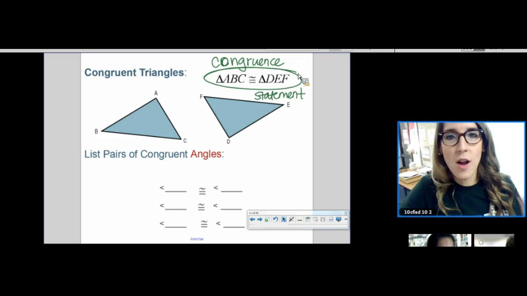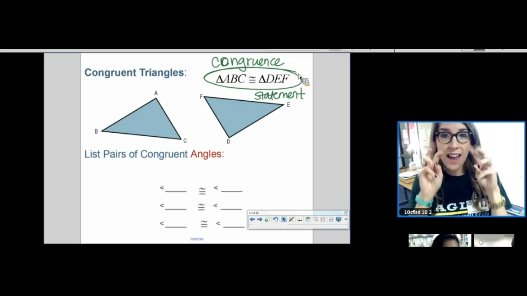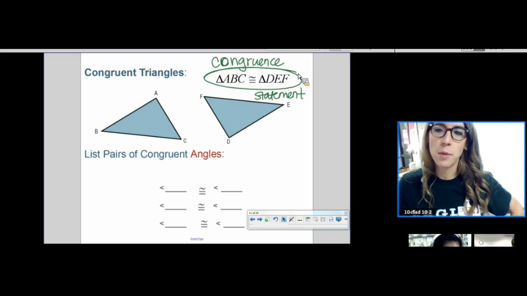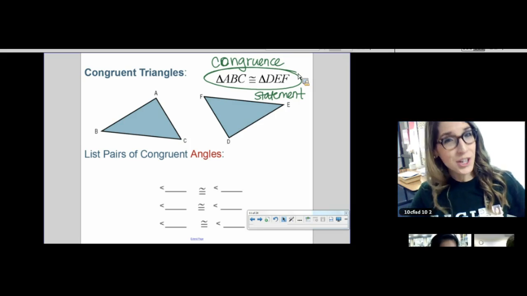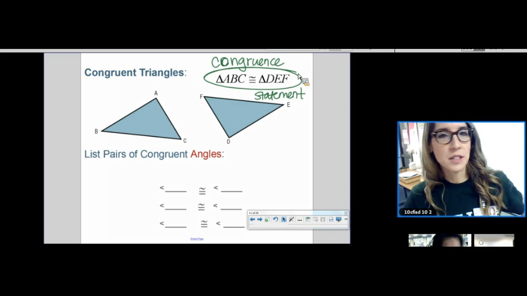A congruence statement always tells the truth. This time, every time, all the time. So even though the picture can lie, you know how our figures are not always drawn perfectly to scale? The picture can lie, so don't just use your eyes, but the congruence statement can never lie. So you're allowed to trust the order every time.